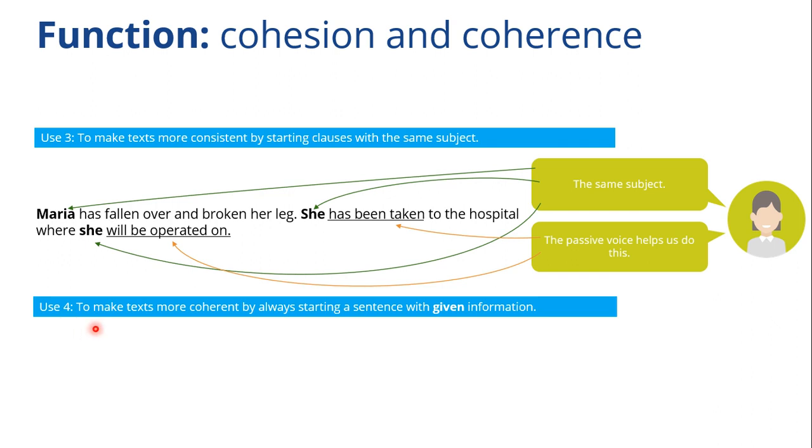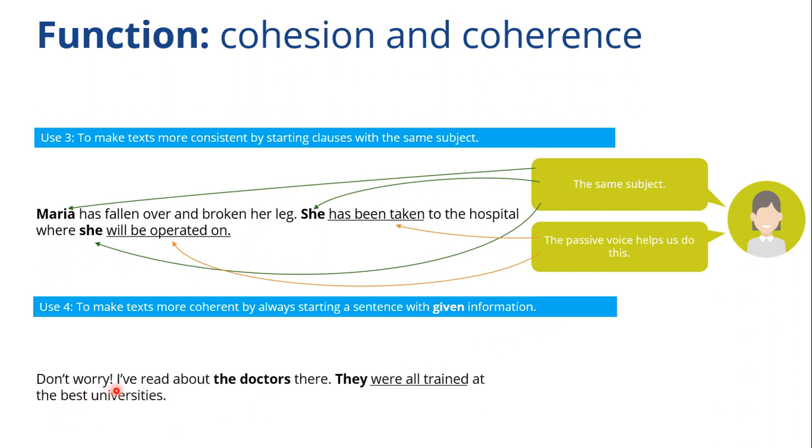Number 4, the use of the passive in cohesion and coherence is to make text more coherent by always starting a sentence with the given information, the information that has been mentioned and stated previously. Don't worry, I've read about the doctors.